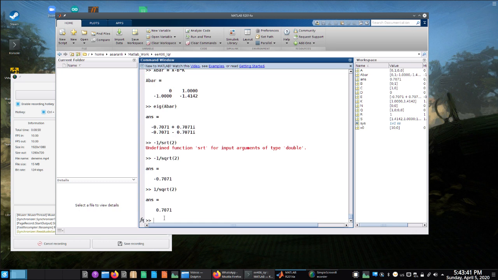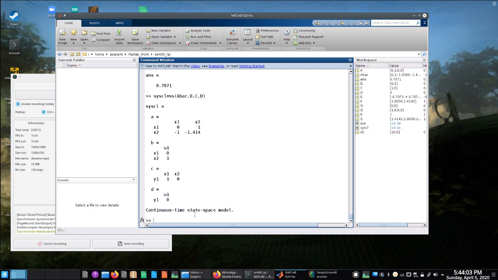Okay, so let us construct the state feedback closed loop system, and this is a state space system with the new system matrix A bar, but the remaining terms are the same. So this will give us our new system.